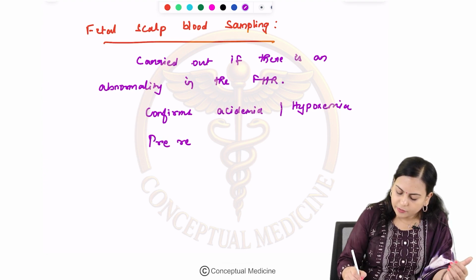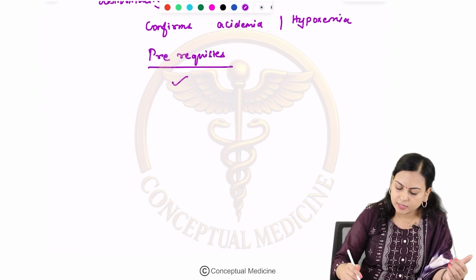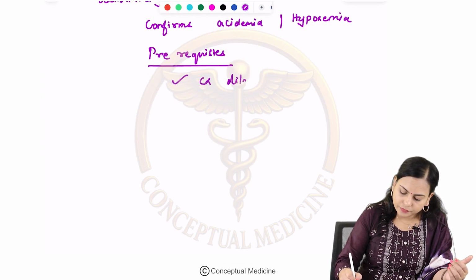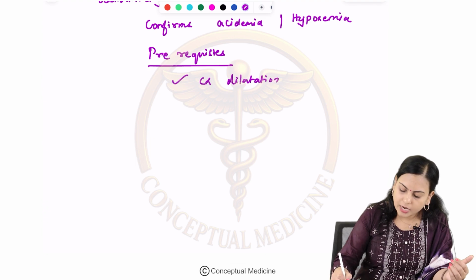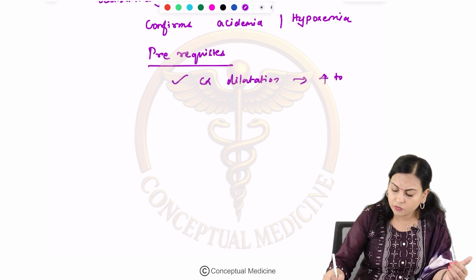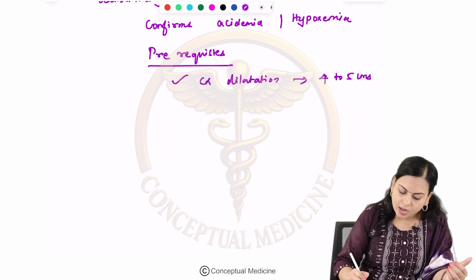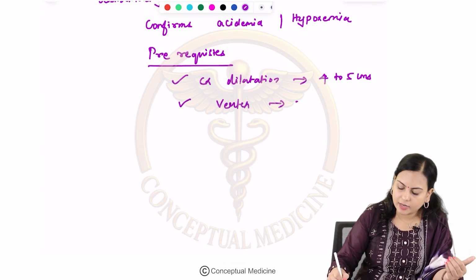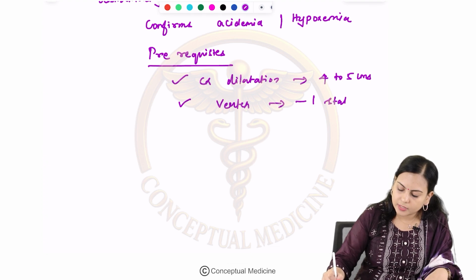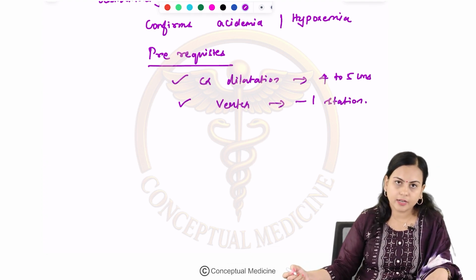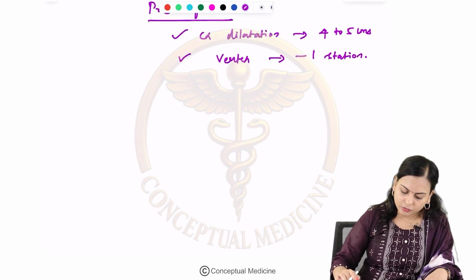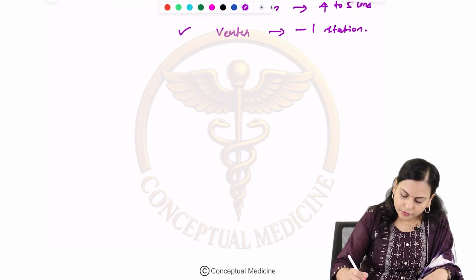The prerequisites for this procedure include that the cervical dilatation should be at least 4 to 5 centimeters, and also the vertex should be at least at the level of -1 station. Clear? Okay.